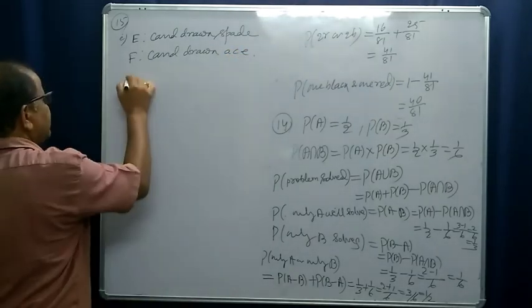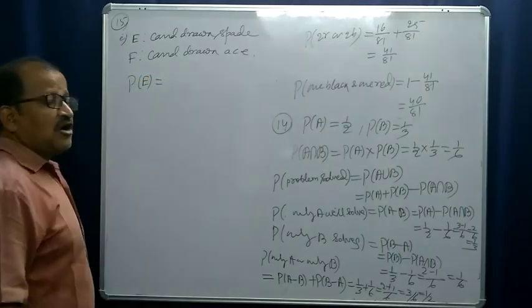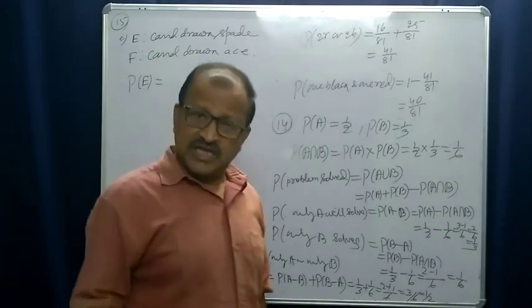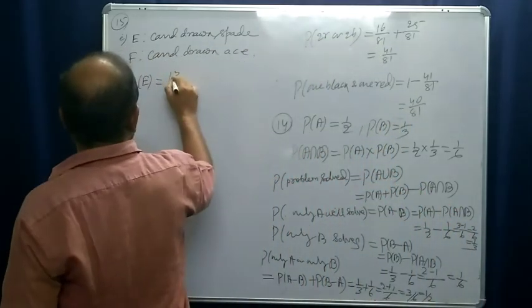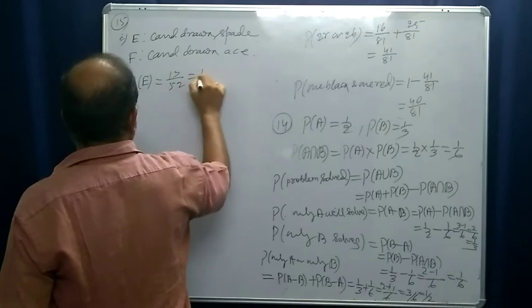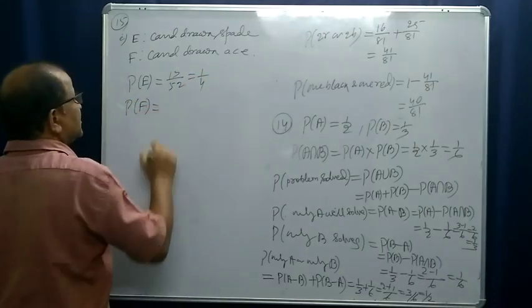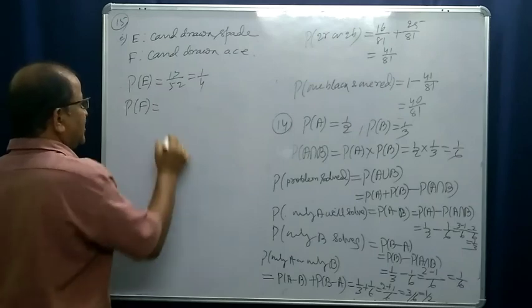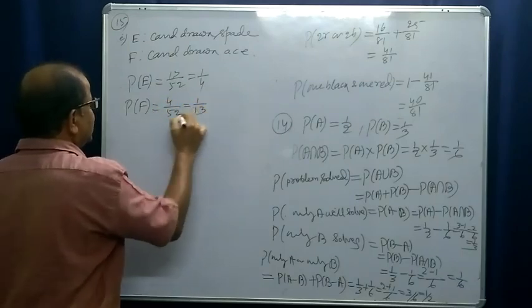What is probability of E? How many spades? 13 spades out of 52, so it is 13 by 52, that is 1 by 4. And probability of F, it is an ace. There are 4 aces out of 52, that is 1 by 13.